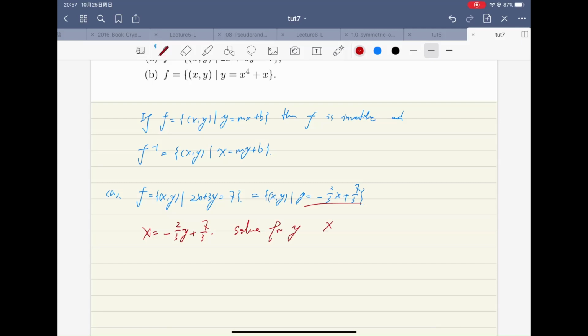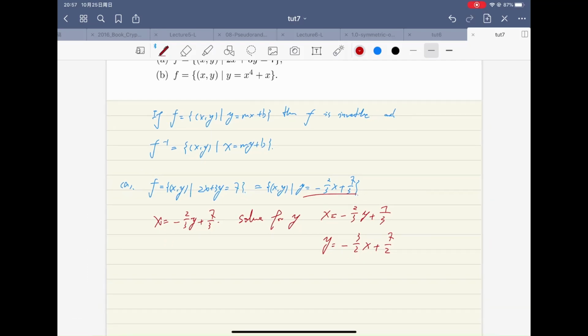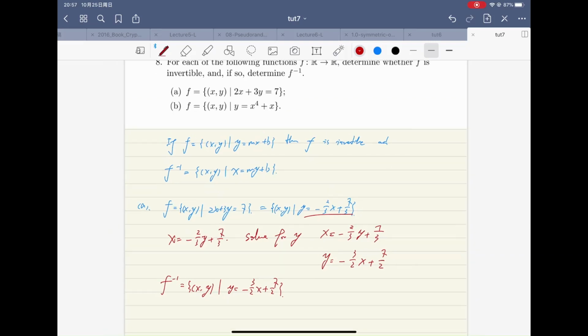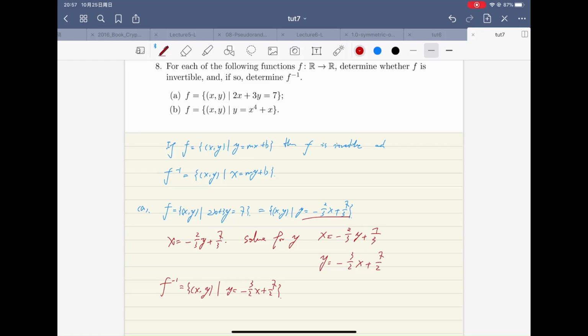We get y equals negative 3 over 2 x plus 7 over 2. So the inverse function should be the pairs x, y such that y equals negative 3 over 2 x plus 7 over 2. This is the inverse function.